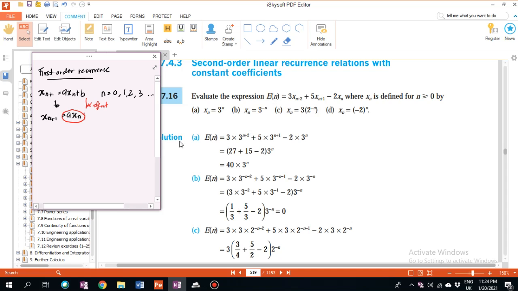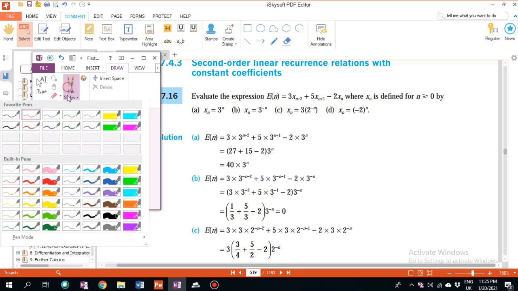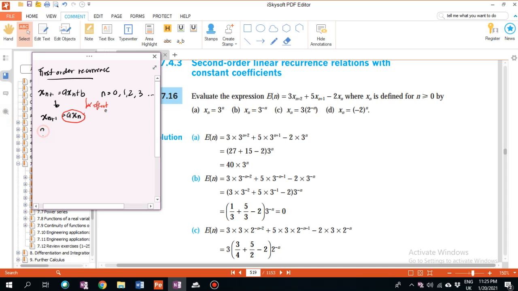For example, for second order recurrence, you can see here, you have c_n equal to 3x_{n+2} + 5x_{n+1} - 2x_n.